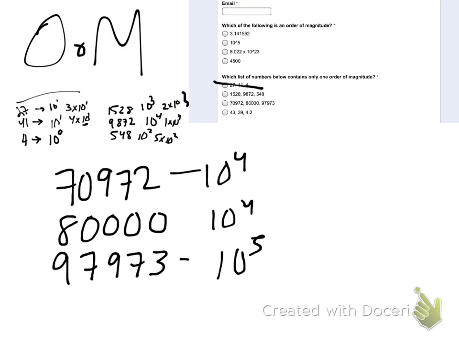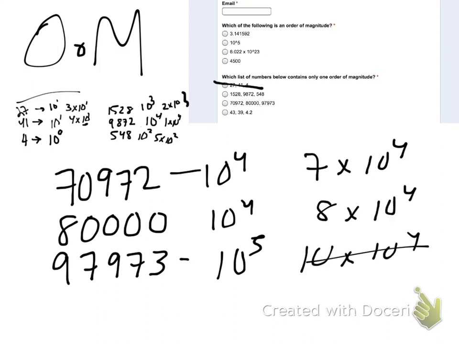So if we were going to get more specific, we could say 7 times 10 to the fourth, 8 times 10 to the fourth, obviously 10 times 10 to the fourth, or 10 to the fifth. Okay, if we look at the fourth answer, we can tell right off, nowhere near the same orders of magnitude.